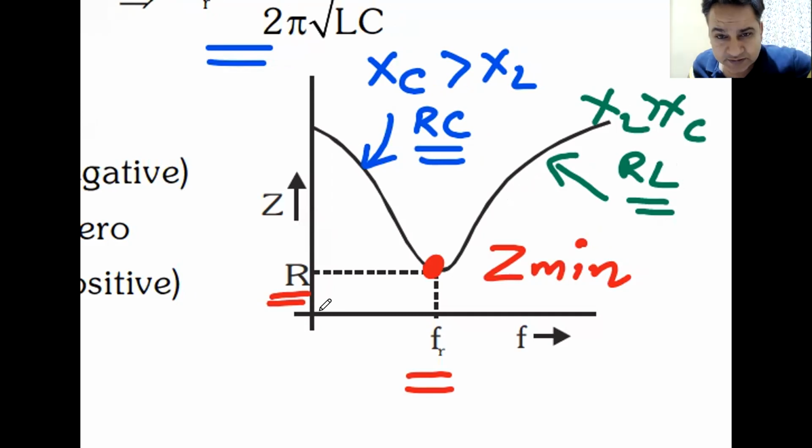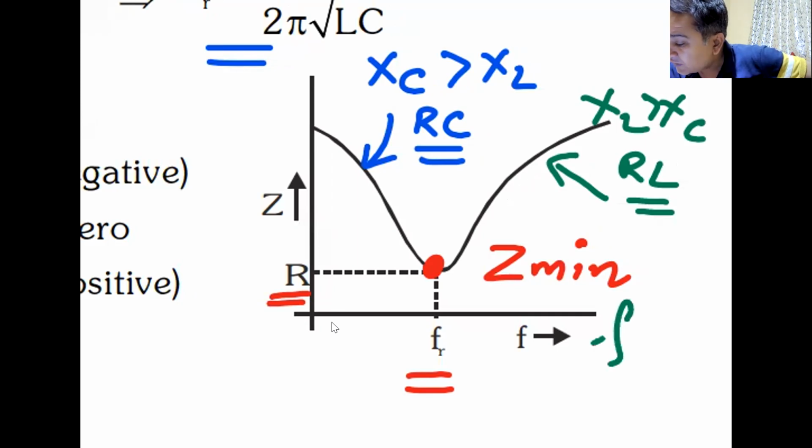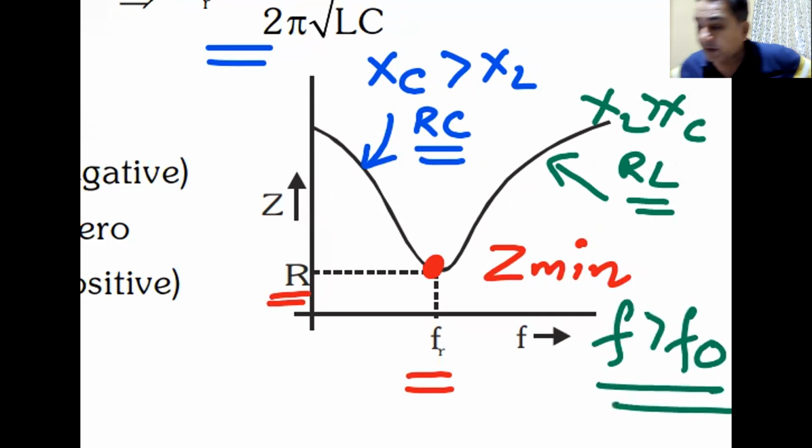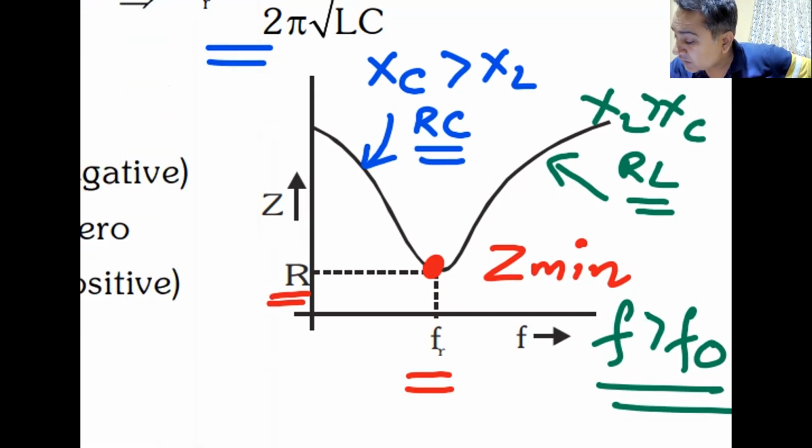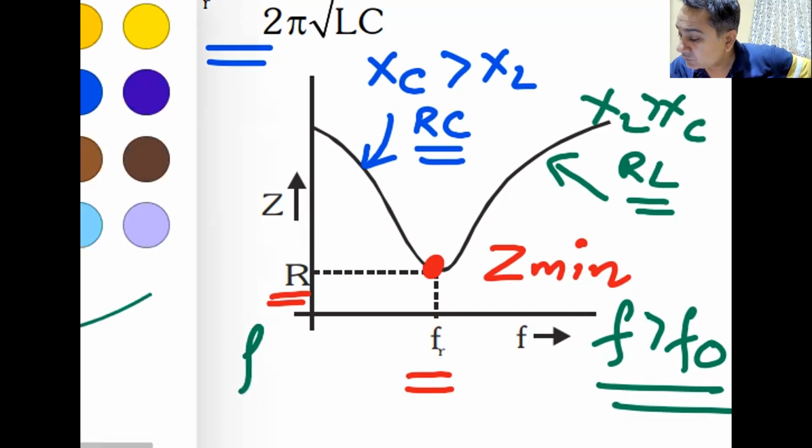The middle one is the resonant frequency. Or I can say, if frequency F is greater than F naught, it will come to the green side.